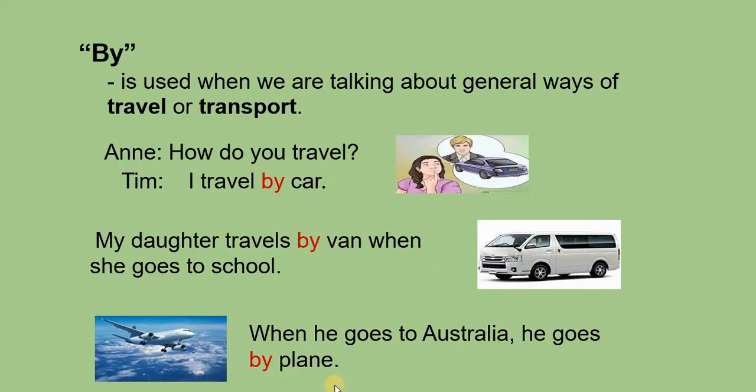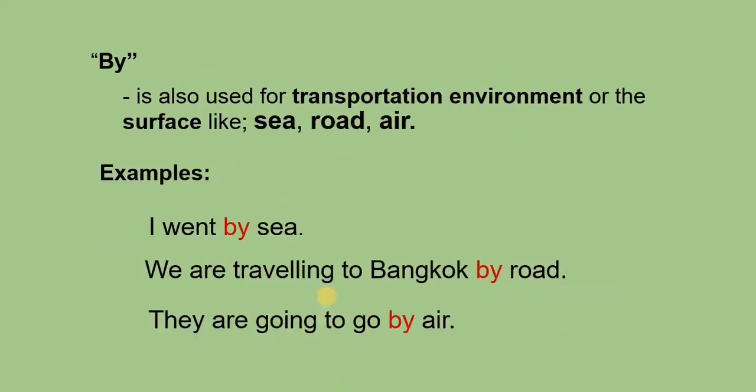These are vehicles, right? Transportation vehicles, but here, if you see, we have sea, road, and air. Well, these are transportation environments or the surface.